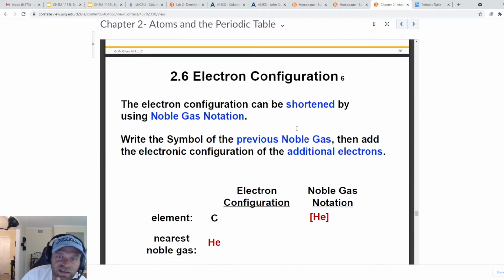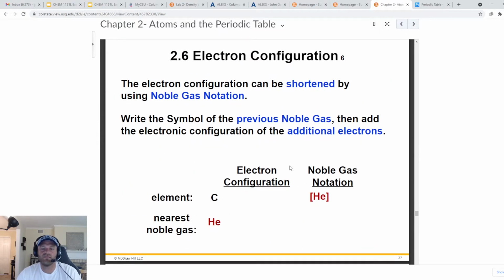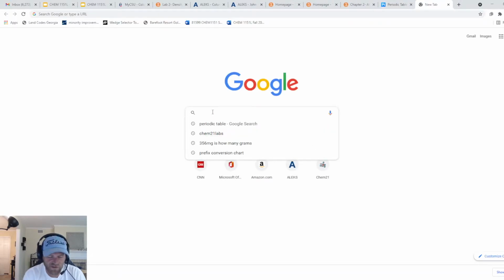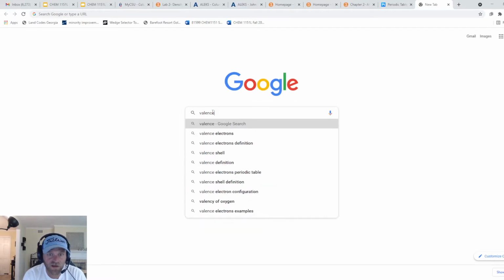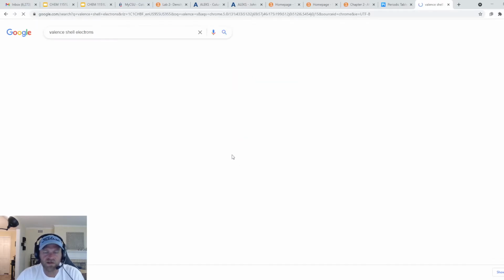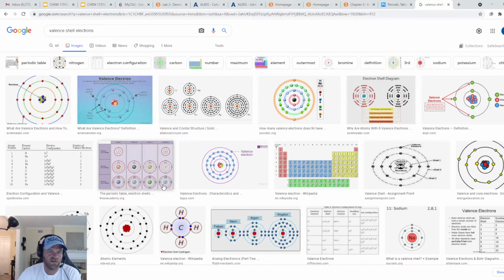So I should have saved that little drawing I had of my atom. Let me see if I can pull up a good image real quick. Valence shell electrons images.